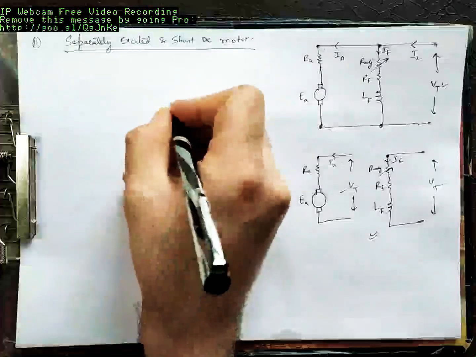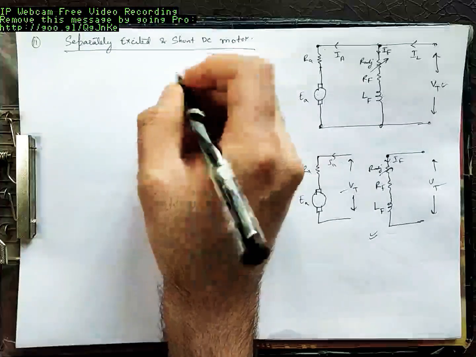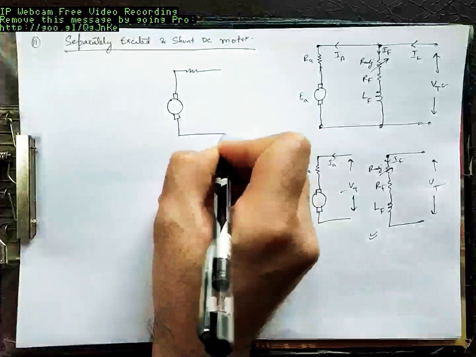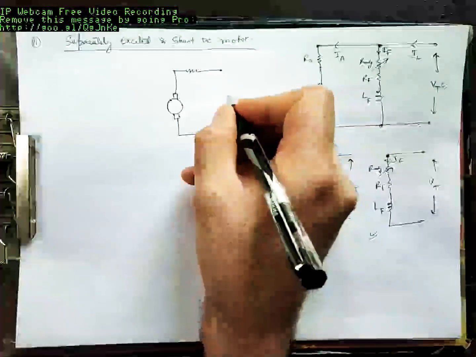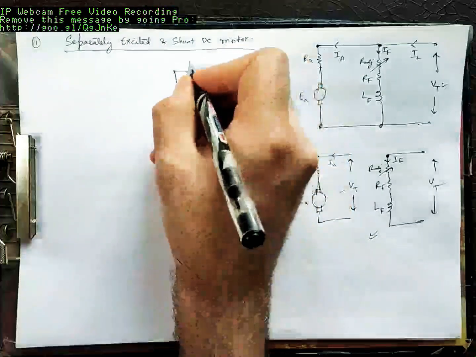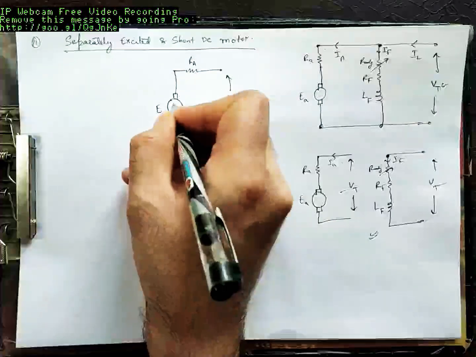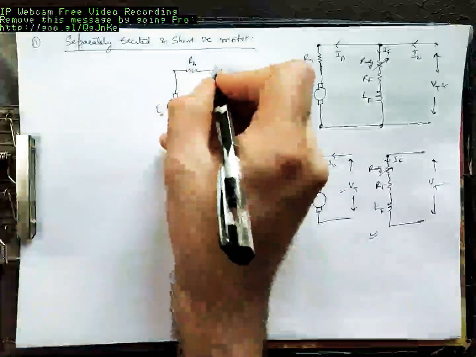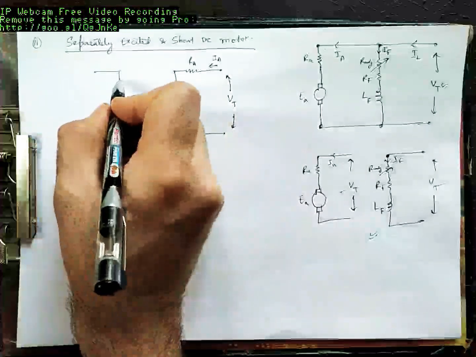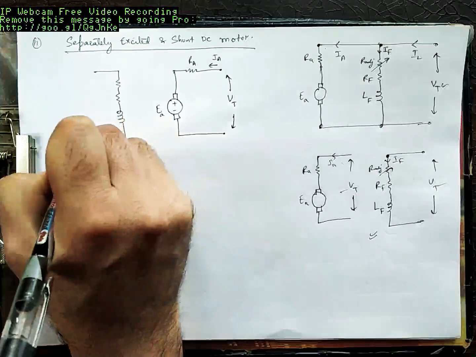So let's take it here. Now you have armature on one side, this is RA, this is EA, this current is IA, and on this side we have a field circuit.